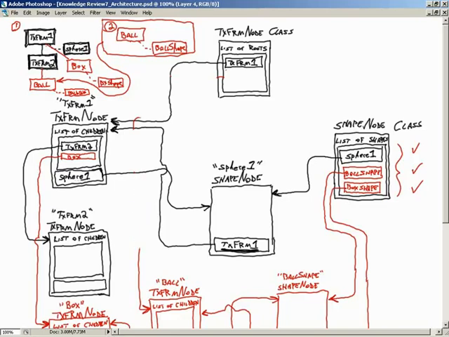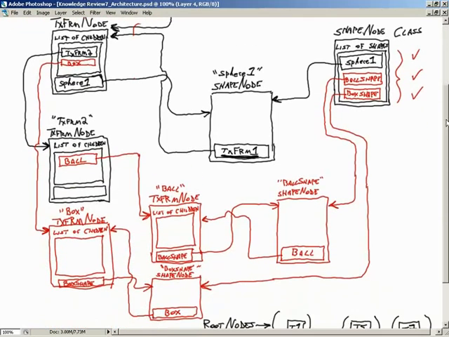But, check this out. Ball gets added right here to the list of children for transform 2. So ball is still being pointed to. It's not like it's a lost reference and the garbage collector is going to come pick it up. So we're still pointing to it.